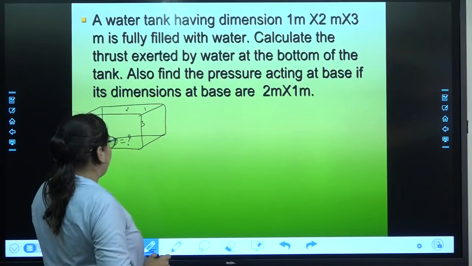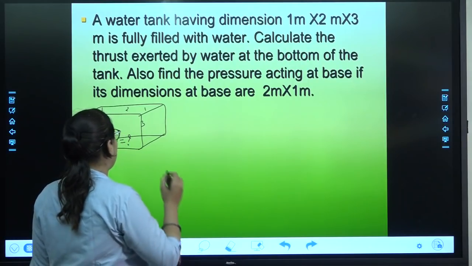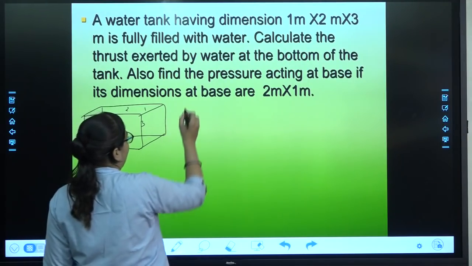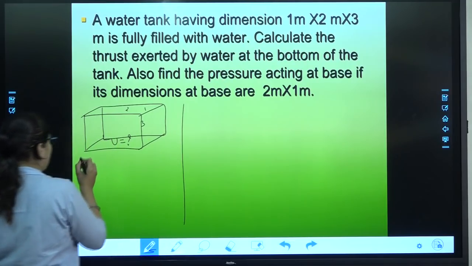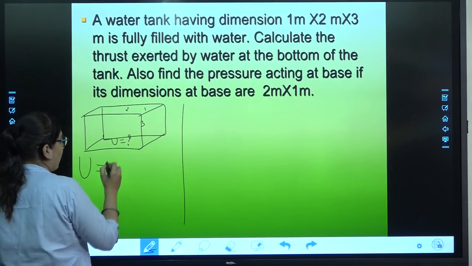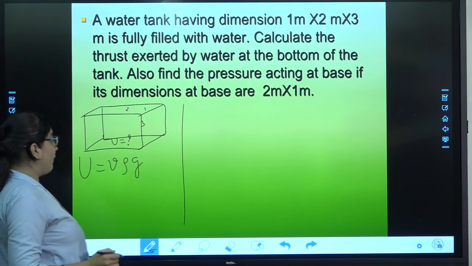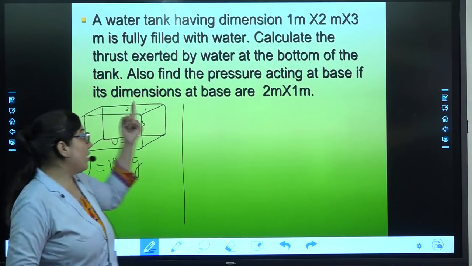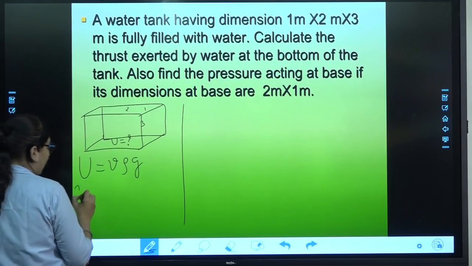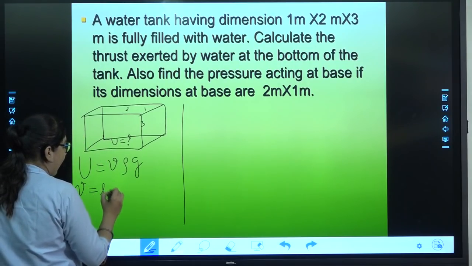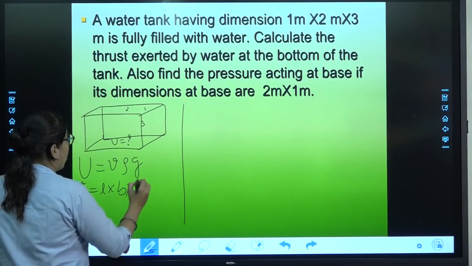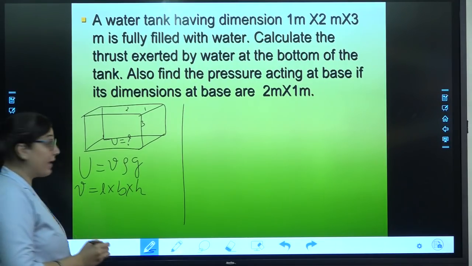Now we are knowing that for upthrust the formula is this, which is U is equals to V rho G. We are knowing this, alright. Now what is the volume of a cuboid? Volume is LBH. Today in the beginning only I made you write.